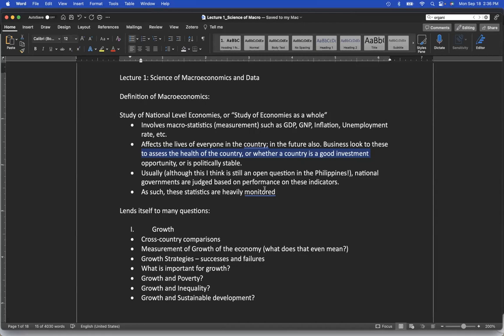The reason I'm harping on this is because, in a sense, this is an arbitrary distinction. You can do a macroeconomics of any size.